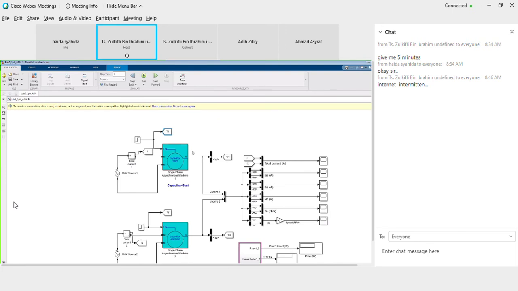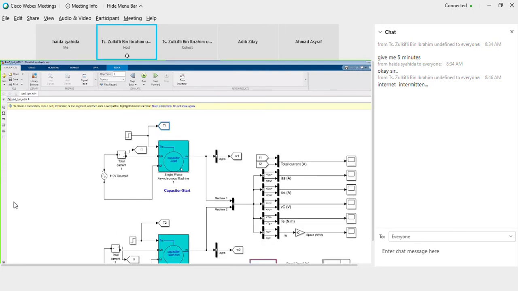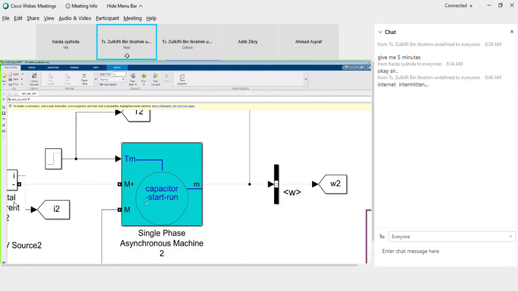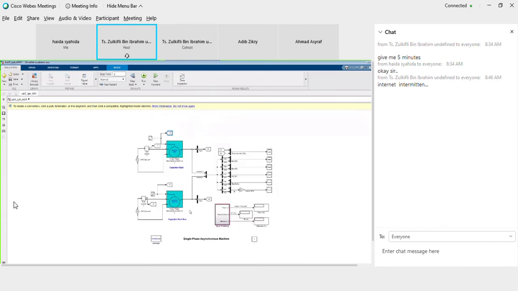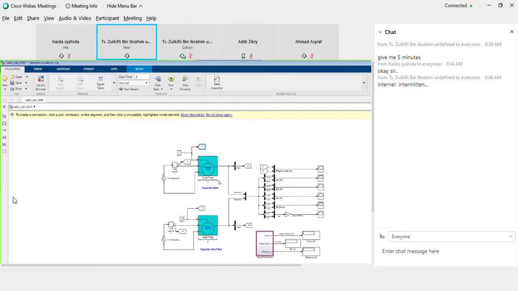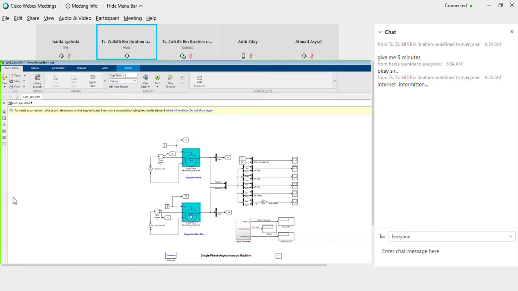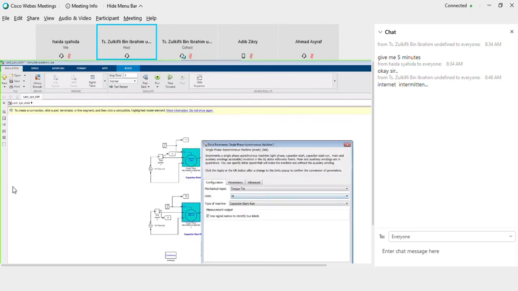So this is for the capacitor start, and you have here the capacitor start run. The main objective of this lab is for you to run these two motors, and then see which one is better in terms of performance, in terms of the power, the efficiency, and also which gives you speed close to its rated speed.